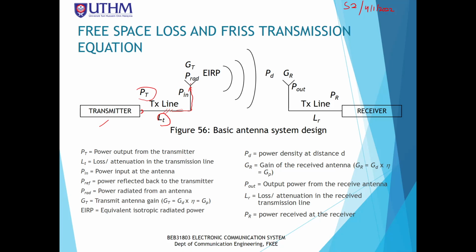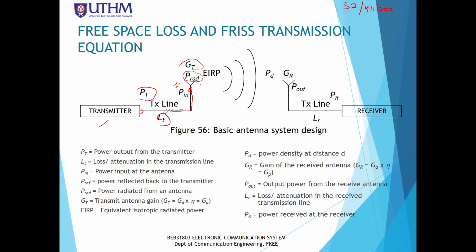After the signal is supplied to the antenna, some of the energy will be dissipated as heat, and most of the power will be used for radiation, which is what we call P radiation. And this antenna has a gain which we call GT.